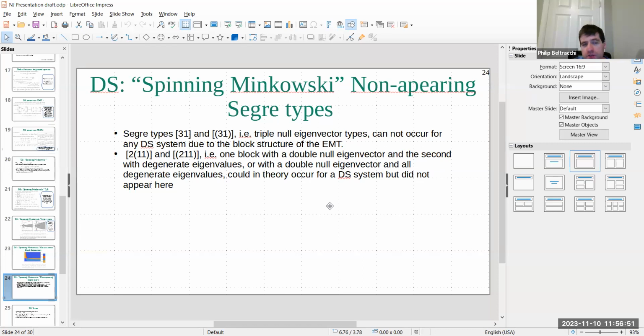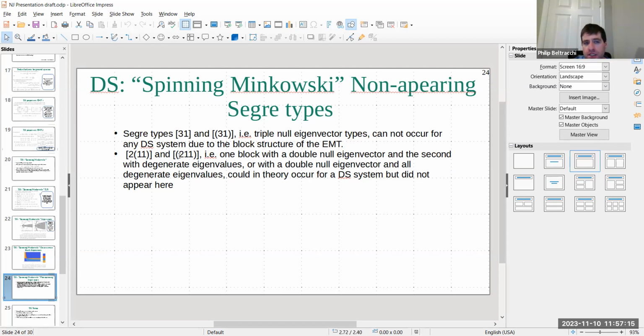In theory, according to the block structure of the energy momentum tensor, we could have had a double null eigenvector with degenerate space eigenvalues, or a double null eigenvector with all 4 eigenvalues degenerate.